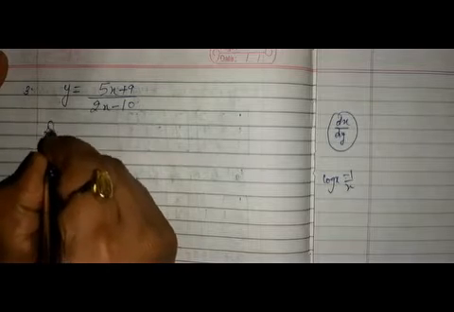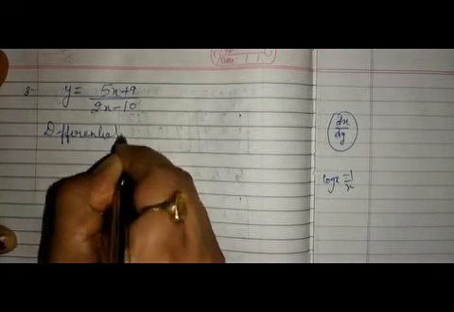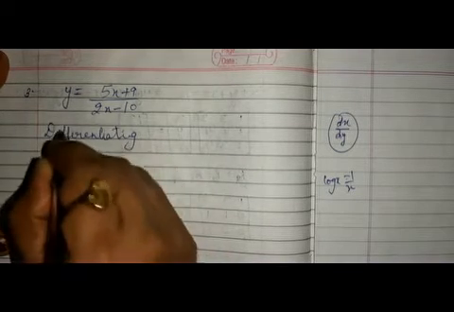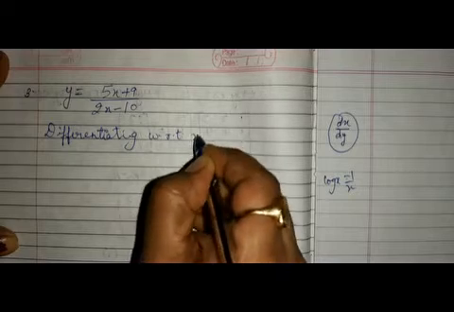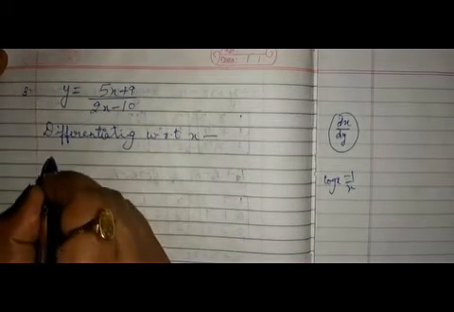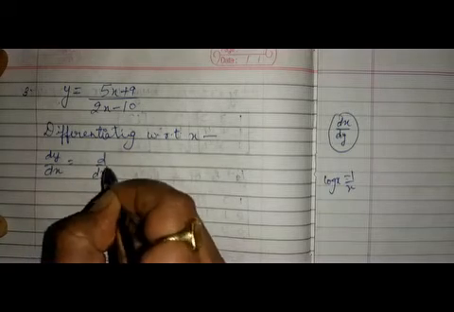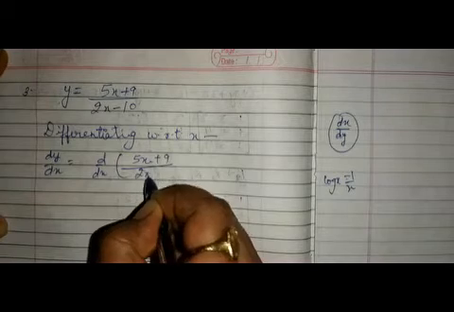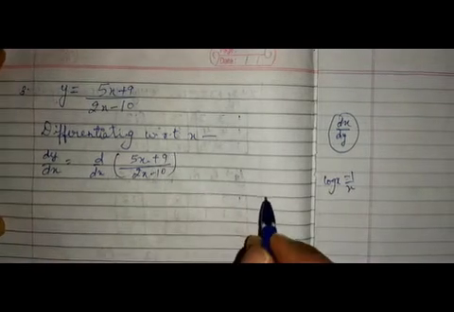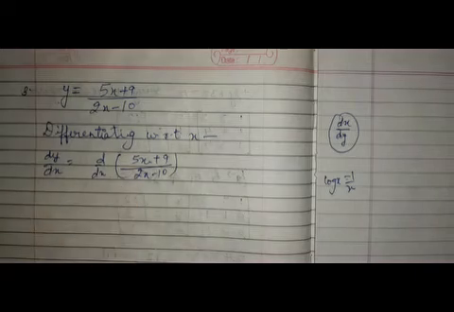Again we write here, differentiating with respect to x, dy by dx equals d by dx of 5x plus 9 upon 2x minus 10. Okay, see here this is given as u upon v.